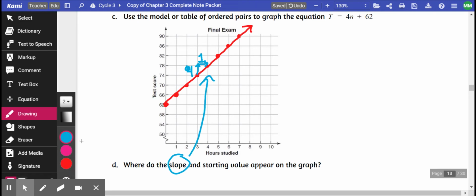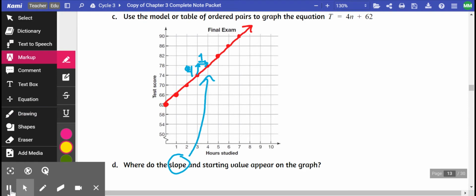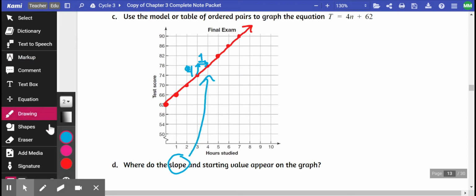For the starting value, we can see that the starting value is right here. So that is where it hits the vertical axis.